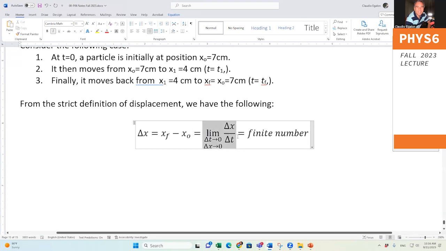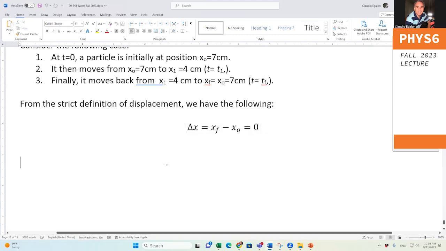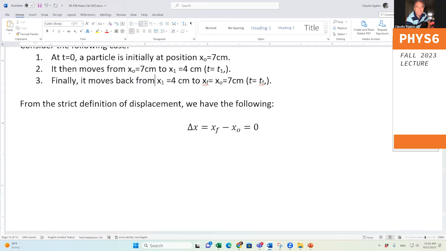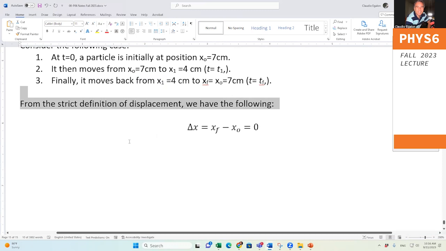But x final is equal to x initial. Consequently, the displacement is going to be 0. In this specific case, the displacement is 0 because of the very definition of displacement: final position minus initial position. Because the final position coincides with the initial position, the displacement must be 0.